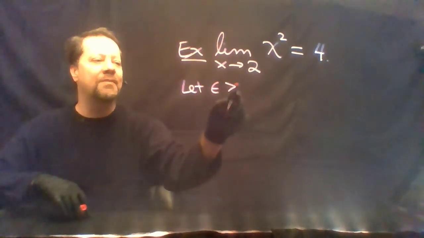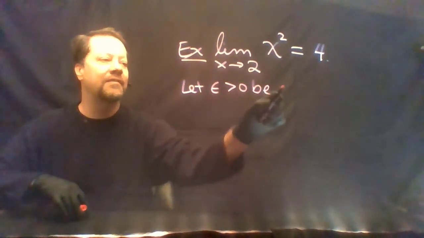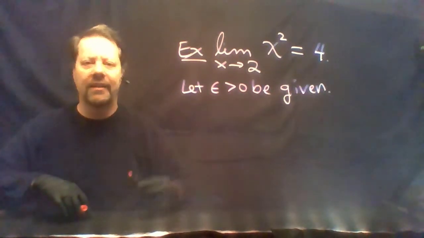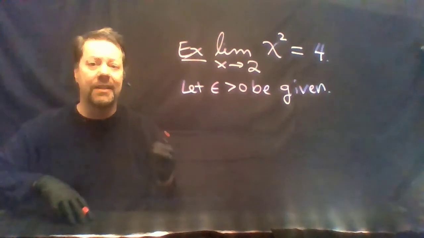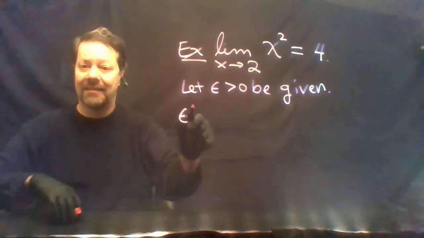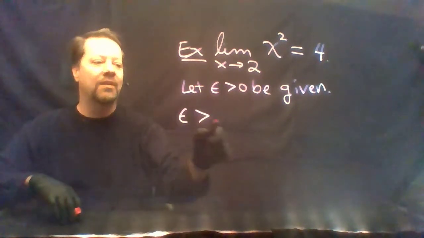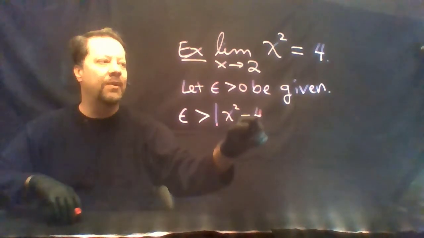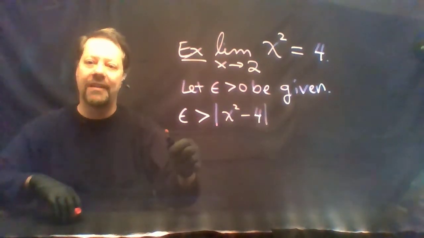So we're going to let epsilon greater than 0 be given. In order to reverse engineer this delta that we need, we're going to start off with where we want to go. We want the difference between the function value and the proposed limit value to be smaller than epsilon.